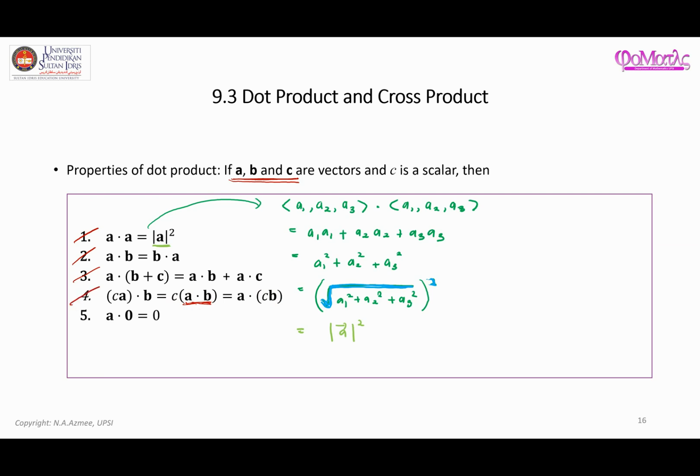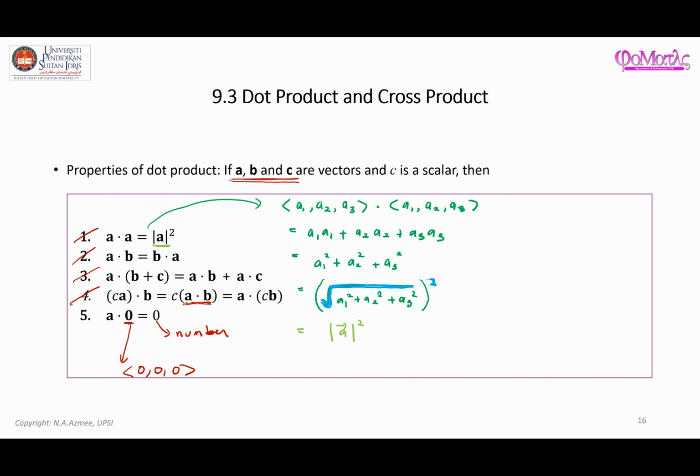Next, if you have the zero vector, the result is going to be a number. There is a difference between the zero number and the zero vector. The vector means you have components 0, 0 and 0, while this is one single number.